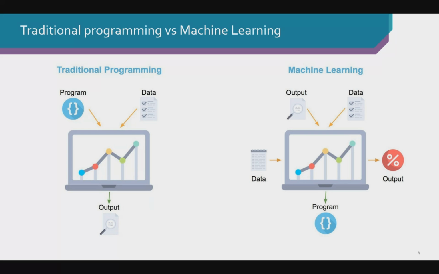Over time, if you supply your program with 100 images or 1,000 images, the more images you provide, the more accurate it becomes. And at the end, what you get at the bottom here is a program, but it's actually an ML model. You get a trained model at the end. Once you have the trained model, if you supply another image of an apple, it can tell you it's an apple or it's not an apple. That's the main difference between traditional programming and machine learning.